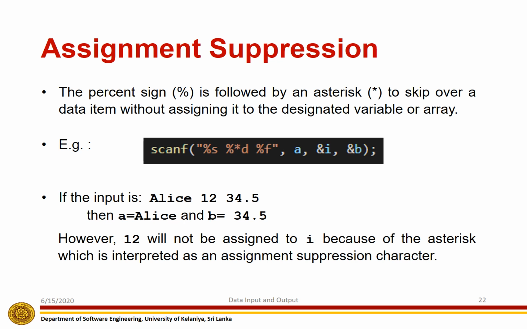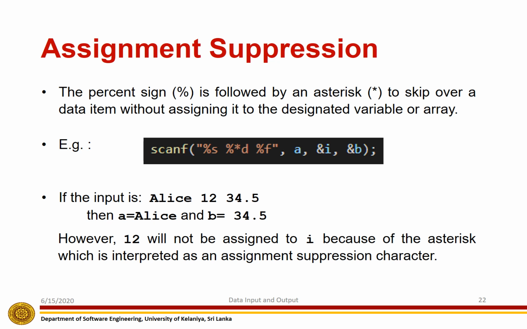Then the next feature is assignment suppression. The percentage sign followed by an asterisk is used to skip over a data item without assigning it to the designated variable or an array. For example, in the slide you can see a scanf function. In the control string there are 3 character groups, %s, %d and %f. %s is for a character type array and it will be assigned to a, %d is for an integer type variable and it will be assigned to i, and %f is a float type variable, it will be assigned to b.